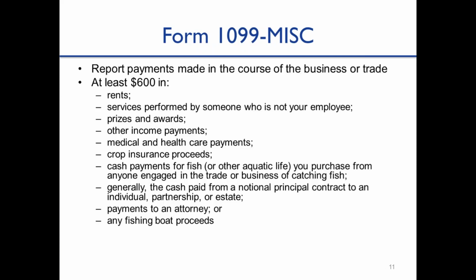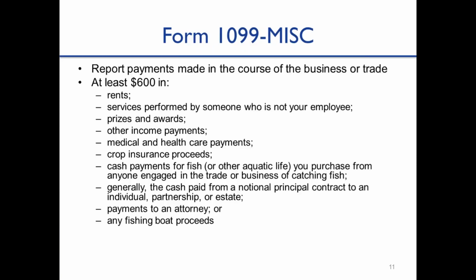Payments to an attorney is another big one. Any of these should get a 1099 as long as they are not incorporated. If a company is incorporated as an S Corp or C Corp, they do not need to get a 1099, but you should send them a W-9 form just to make sure, because on that form, they will check the box if they're an S Corp or a C Corp. Then you know whether they are incorporated, and you do not have to send them the form. But if they are a single member LLC or a sole proprietor, you would send them the form.